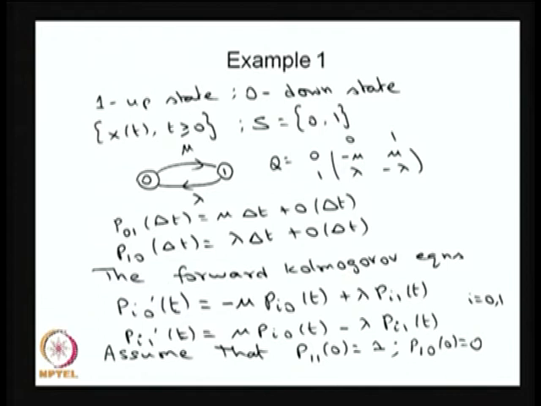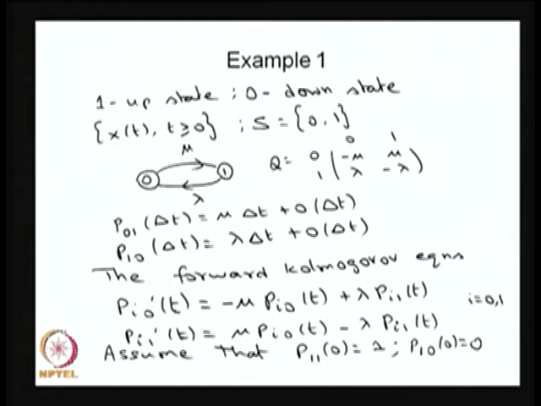Similarly, the probability of the system moving from the state 1 to 0 in a small interval delta t is the failure rate lambda times delta t, plus o of delta t. So this o of delta t also tends to 0 as delta t tends to 0.